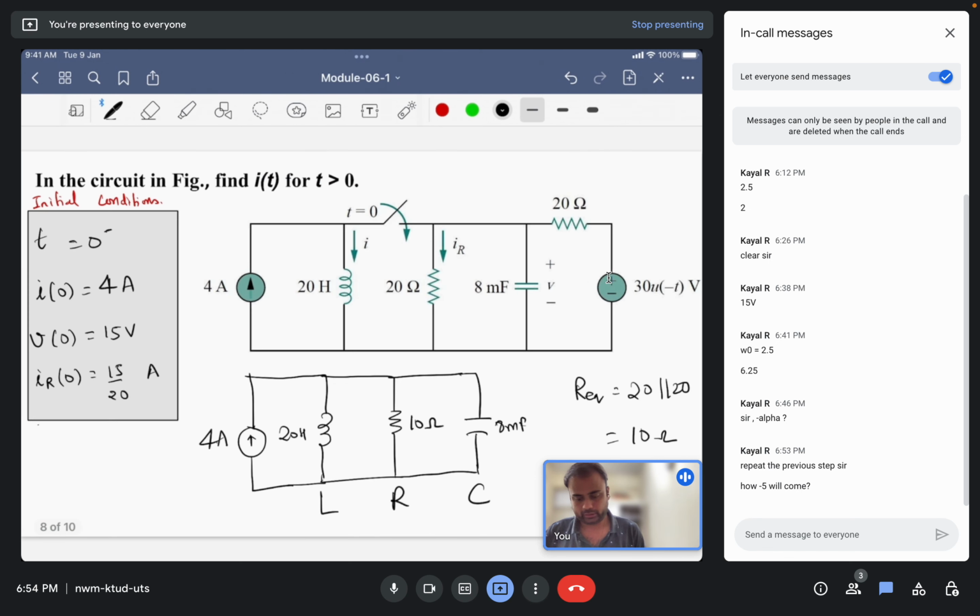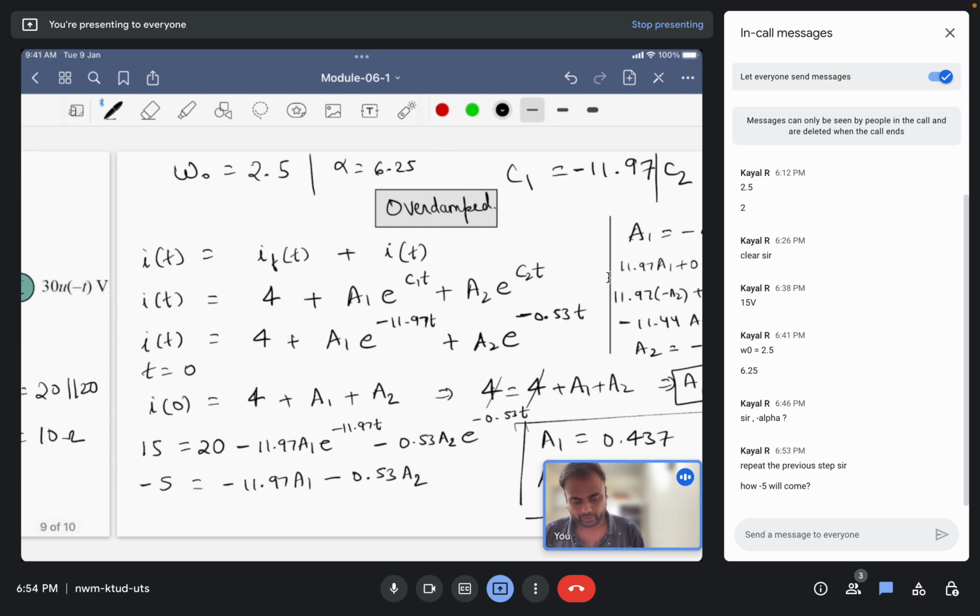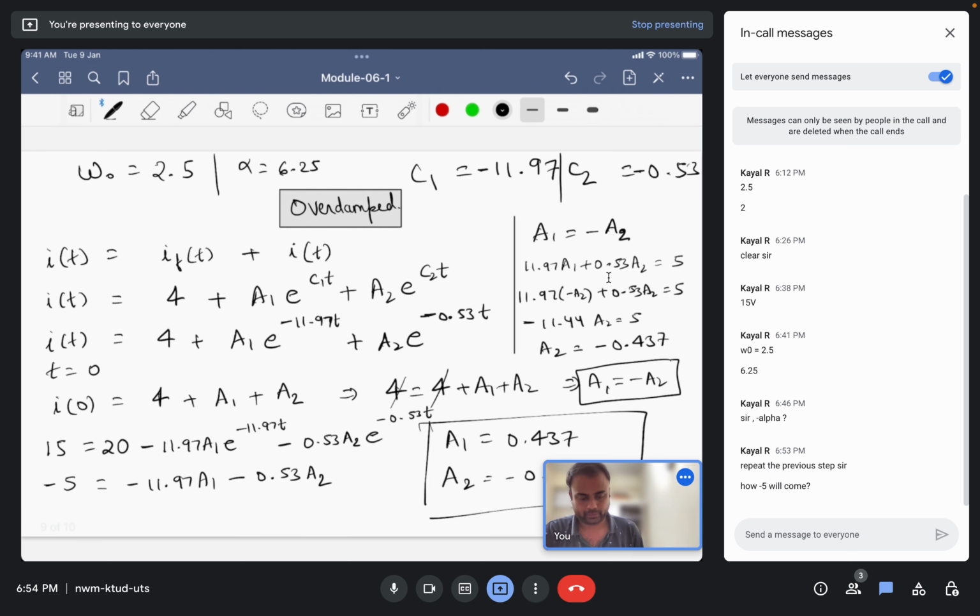That was the voltage at 0 time across the capacitor, and the same voltage will be at the inductor also, because all the elements are in series. So V is equal to L into di by dt.